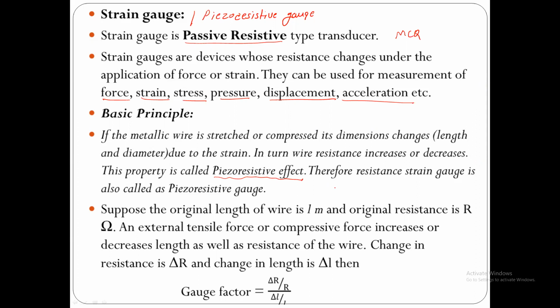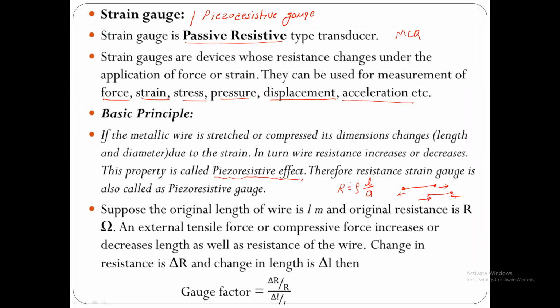And as you know, the resistance of a metallic wire is directly proportional to the length and inversely proportional to the area of cross section. Suppose this is that wire, and if we apply pressure on that wire, definitely the dimension will be changed. Or you can compress the wire, definitely in that case also the dimension is going to be changed.